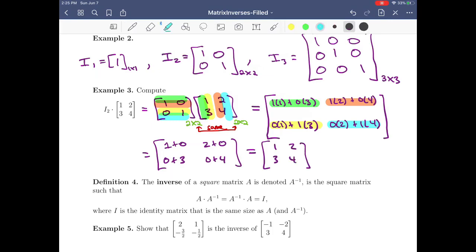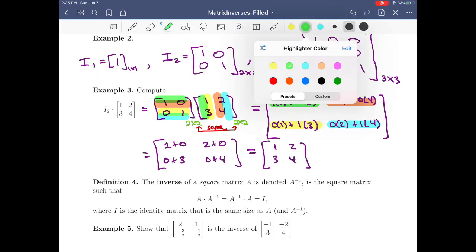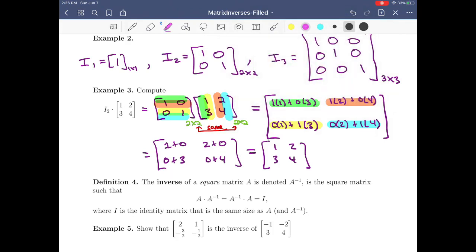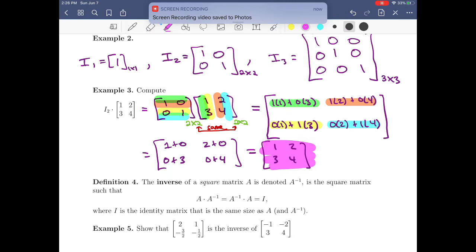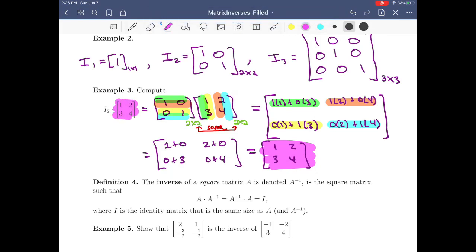Now notice, I'm running out of highlighter colors here. Let's do pink. Notice that this matrix here is the same as the matrix we started with. That's not a coincidence. This is what's special about these identity matrices. When you multiply by the identity, nothing happens.